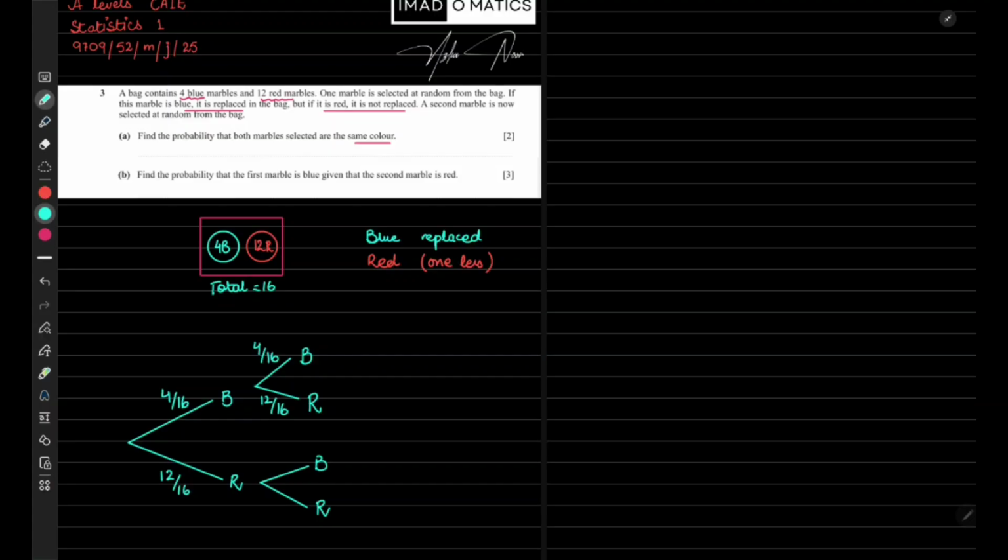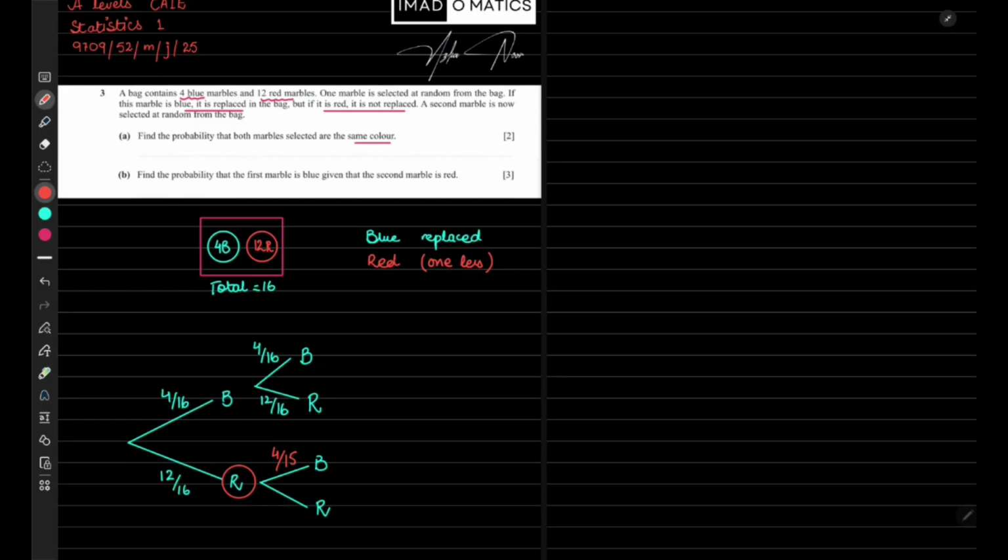Now the condition changes when we have taken a red marble first, because it is not replaced. So when we take one red marble, the total is one less. So blue is 4 out of 15, because one red is already taken.